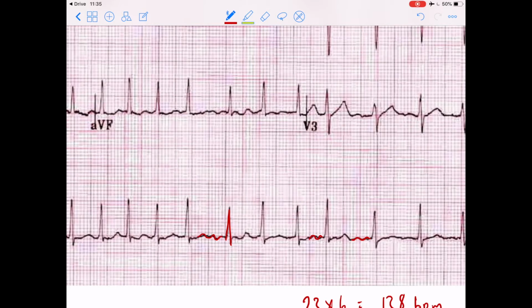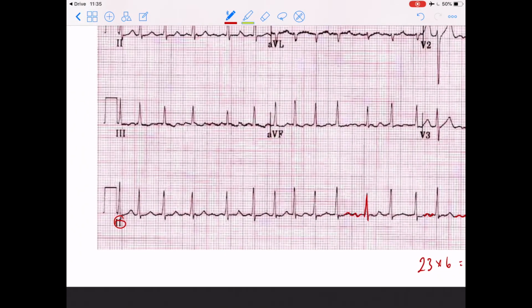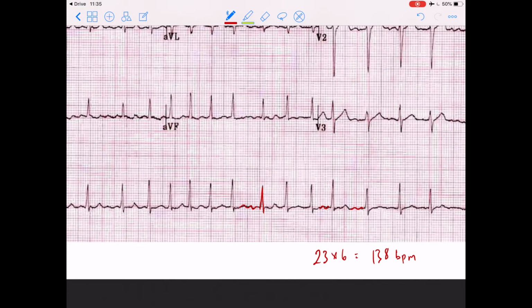You would see the same thing across the same lead. So across this whole lead 2, you'd see the same P wave morphology, but it doesn't seem to be there. So we'll say that the P waves are absent.